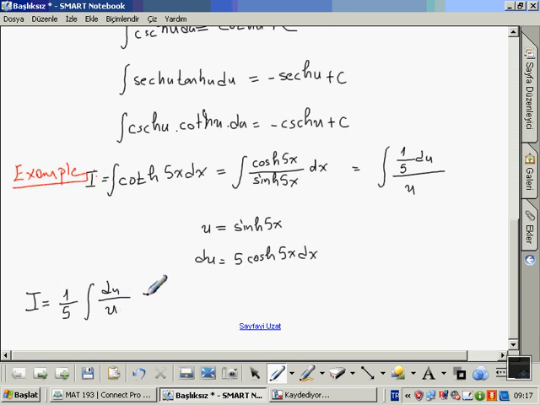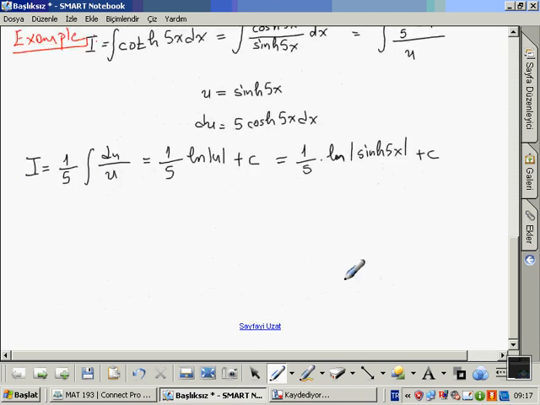So I equals 1/5 ln absolute u plus c, and you can write 1/5 times ln absolute sinh 5x plus c, right?